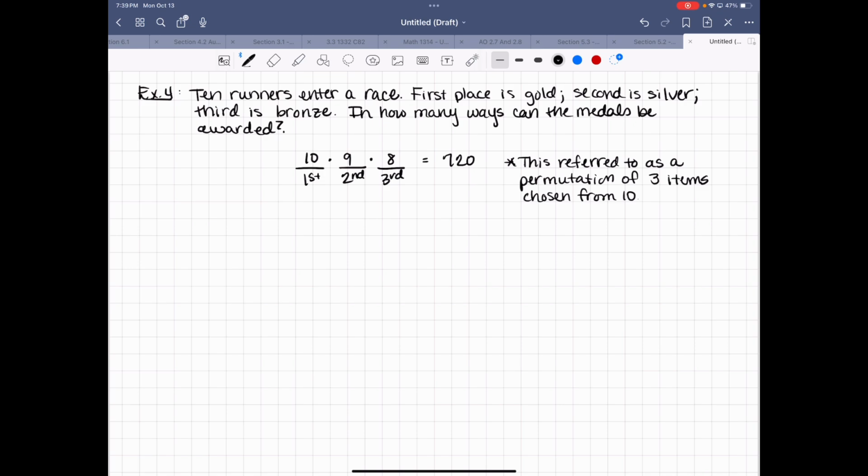So, we make permutations a little more mathematical this time, and we say a permutation of R items chosen from N items is an ordering of the R items.